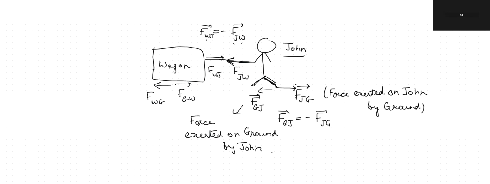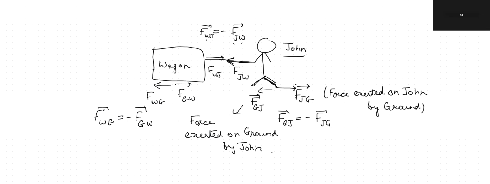So the force exerted on the wagon by the ground will be equal and opposite to the force exerted on the ground by the wagon. Okay.